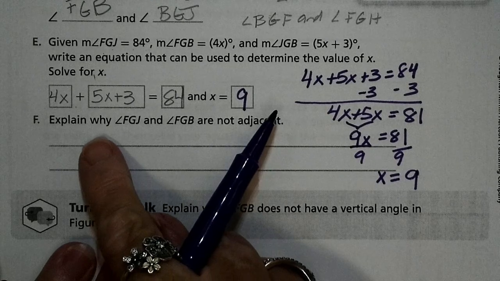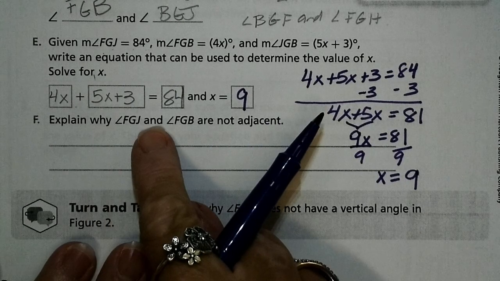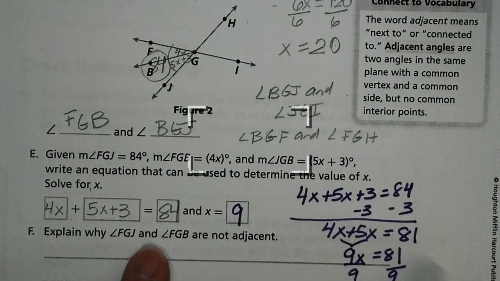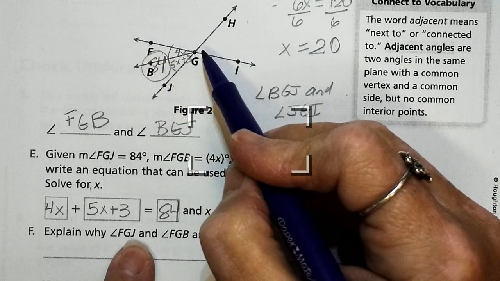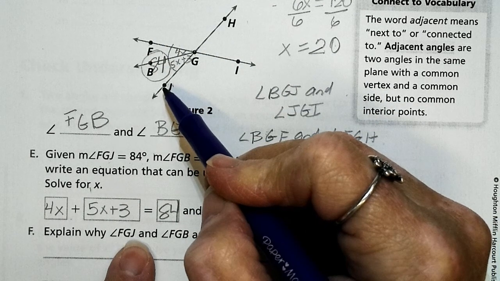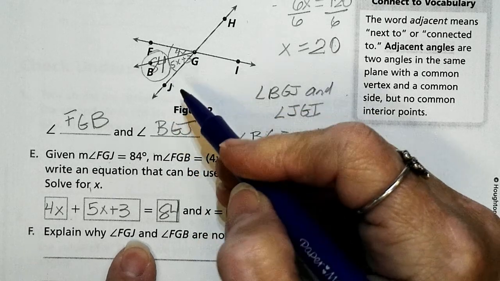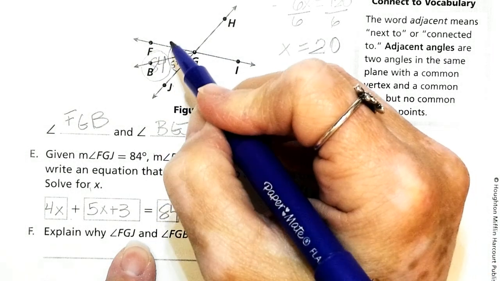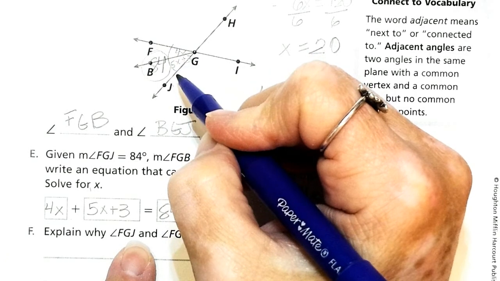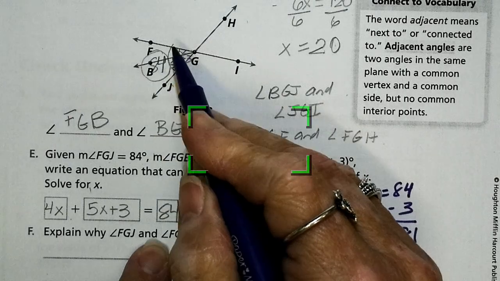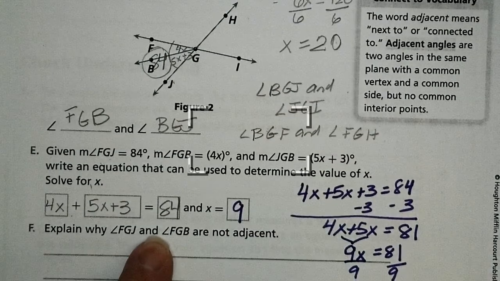All right, so it says explain why FGJ and FGB are not adjacent. So let's go back up. FGJ. All right, so FGJ is the big angle, right? But FGB is the small angle.